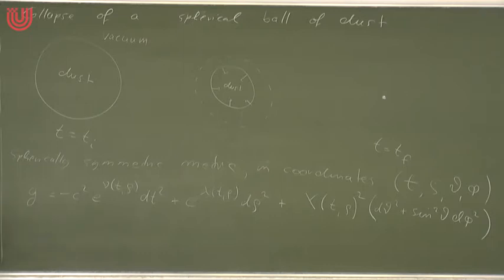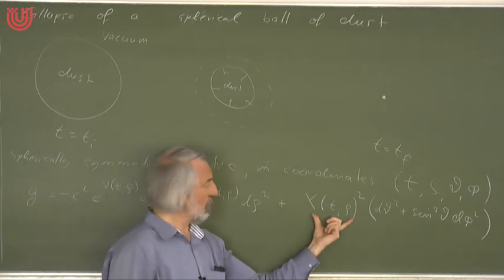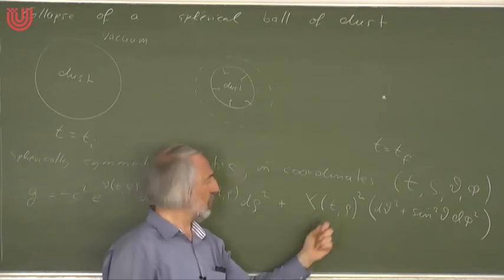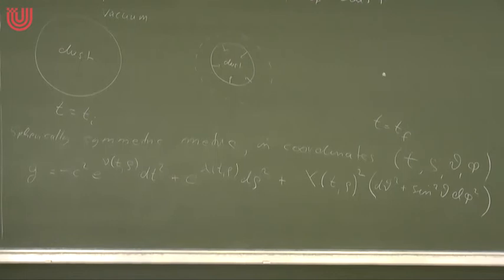And now, as we want to discuss this problem of a collapsing ball of dust, it will be convenient to choose the t-lines in such a way that the dust follows these t-lines. So that the t-lines are the world lines of the dust particles. And then this cannot be done simultaneously with having this equal to rho squared, and that's the reason why I leave this general. So we want to consider a dust.